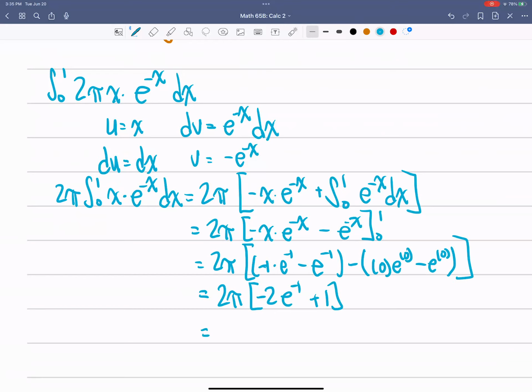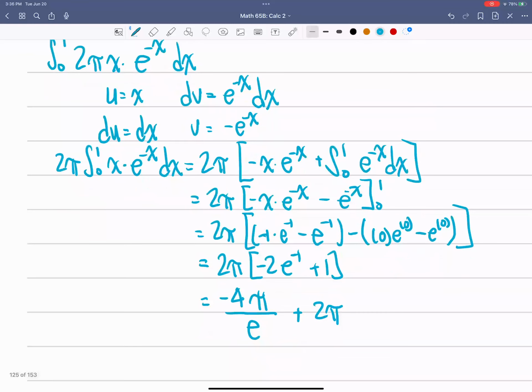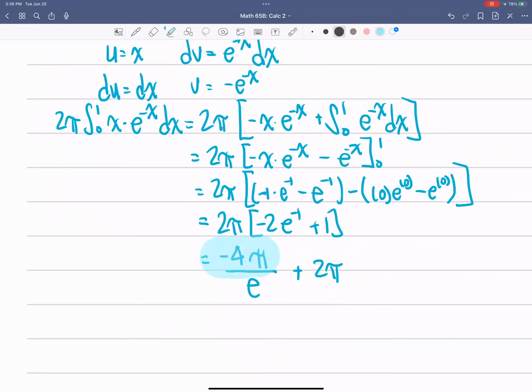And just multiplying everything through, we have negative 4 pi e to the negative 1, we could say over e, plus 2 pi. A little ugly, but I think we got it.